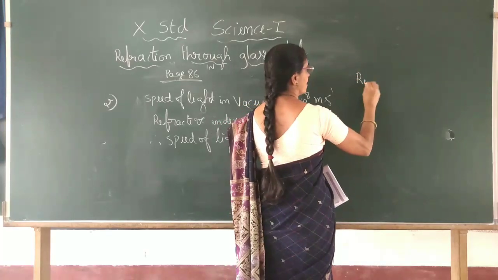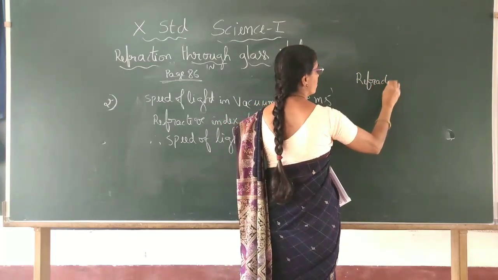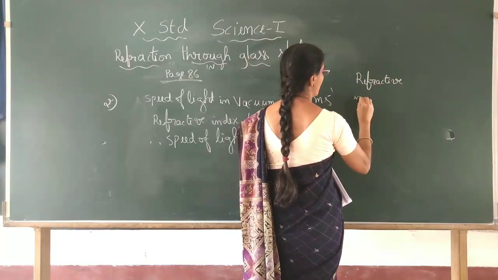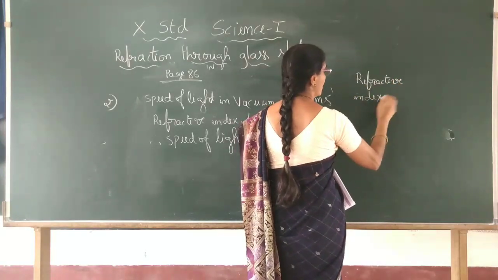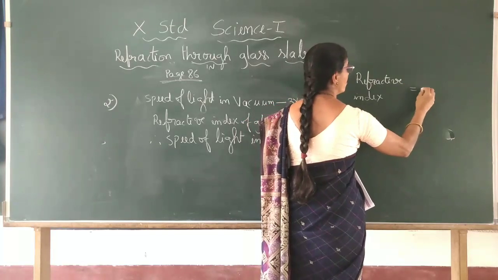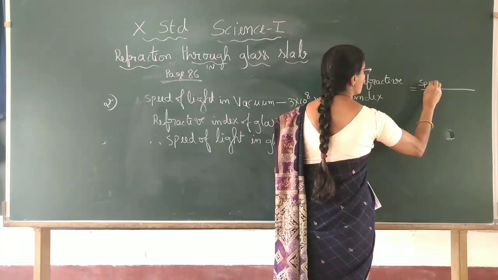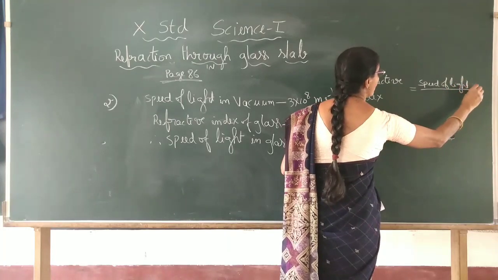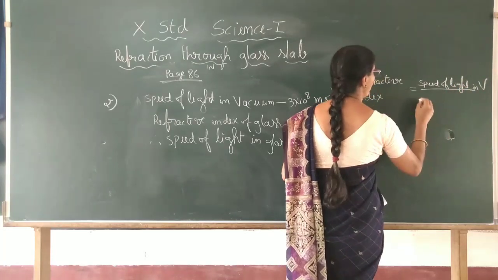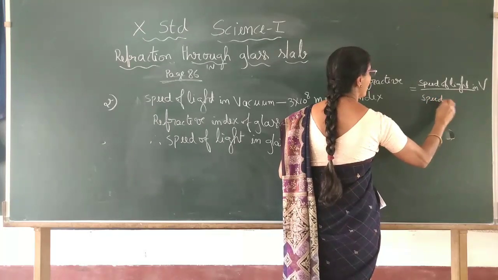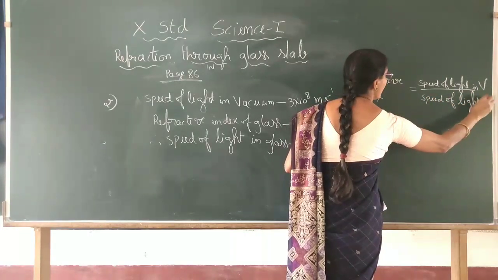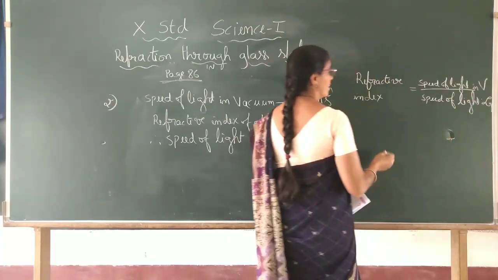Refractive index is equal to speed of light in vacuum divided by speed of light in glass.